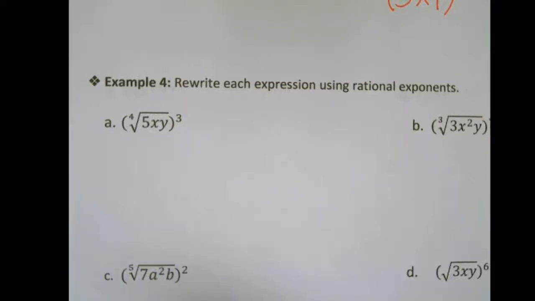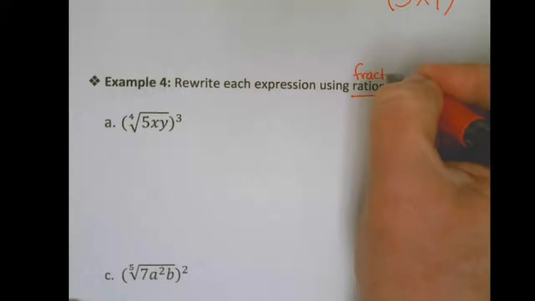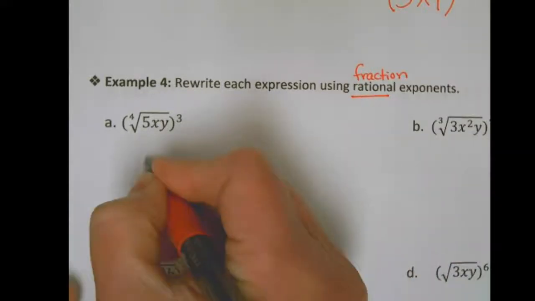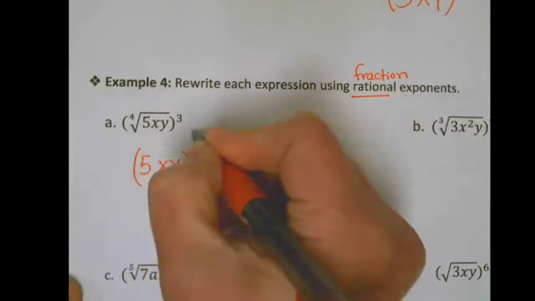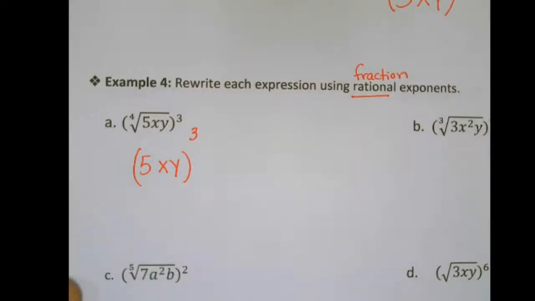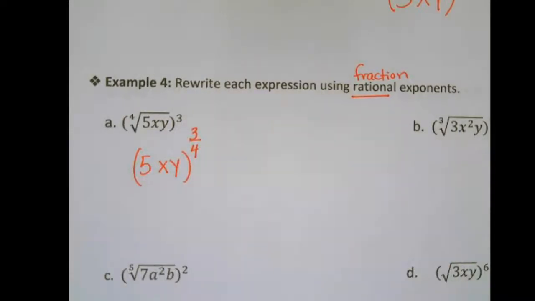To rewrite it using rational exponents, rational means fraction exponents. This is going to be 5xy to the 3rd power, and then the 4 becomes the denominator. So it will become the 3/4 power.